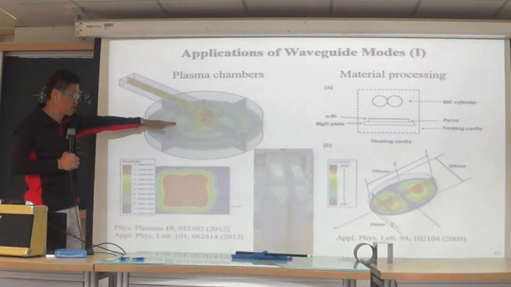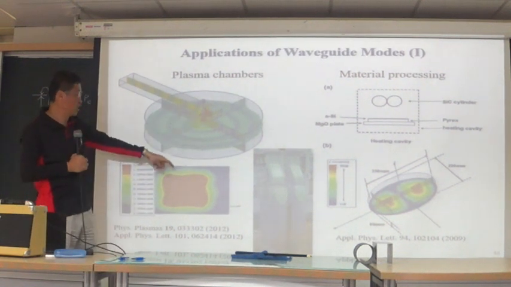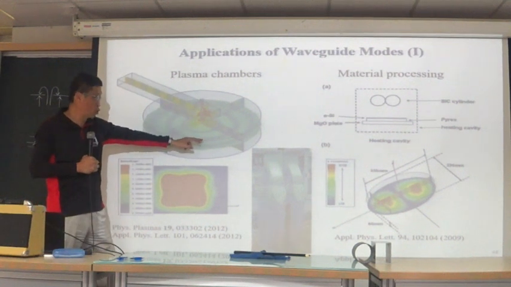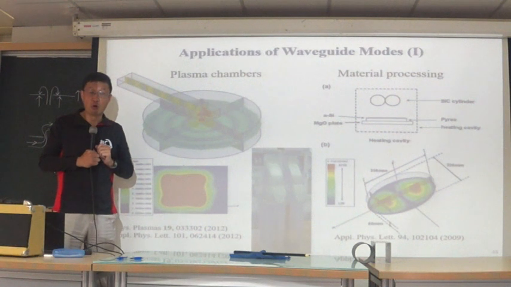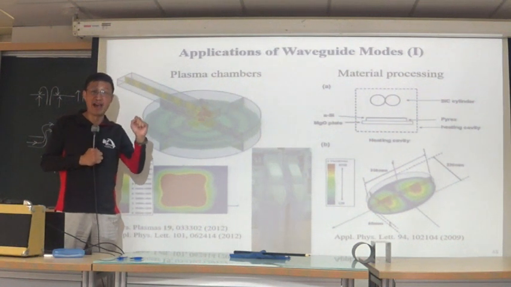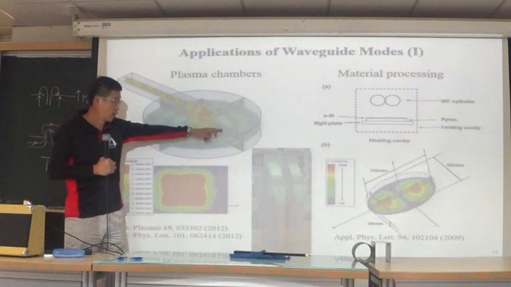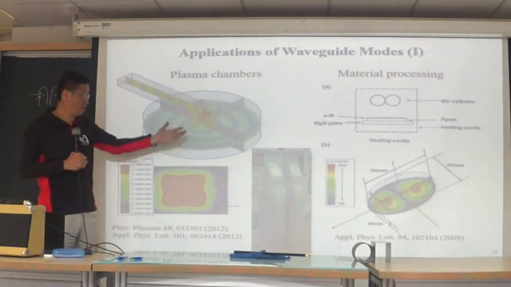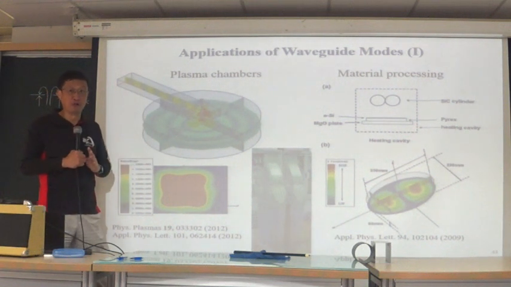In this case, we have two ideas. One is we use a TE03 mode. The 0 means we have azimuthal symmetry, so we can generate large area and uniform plasma.